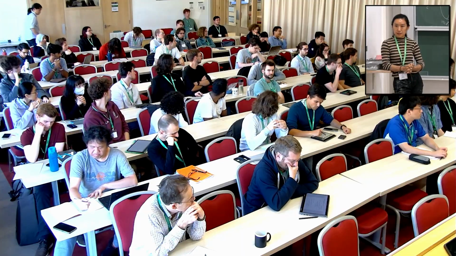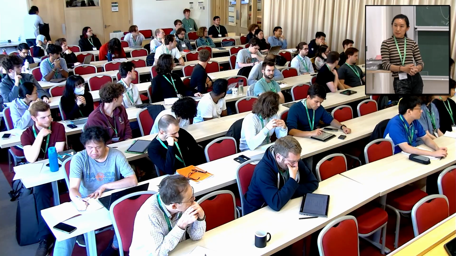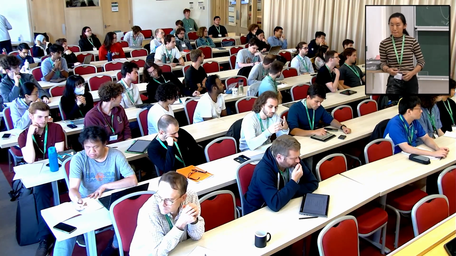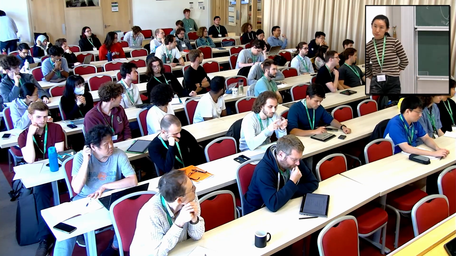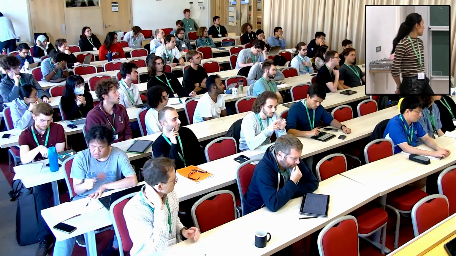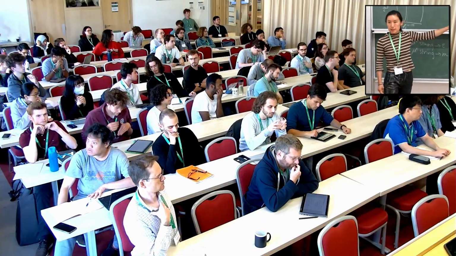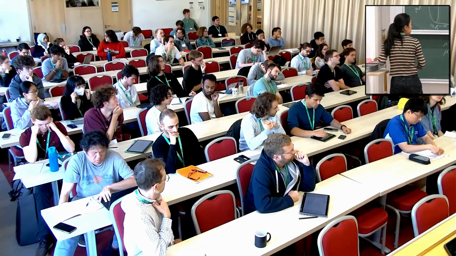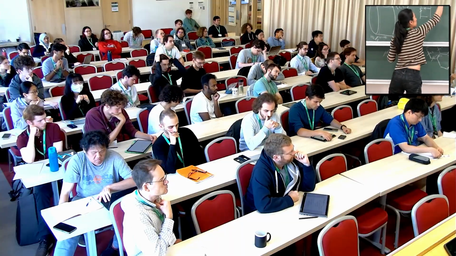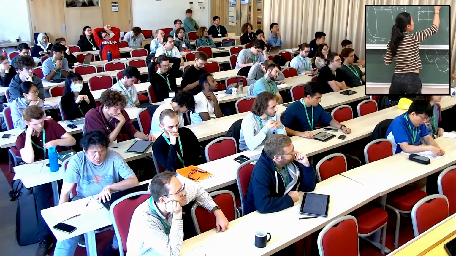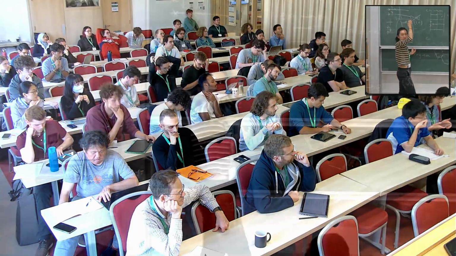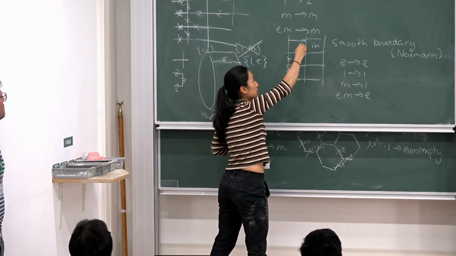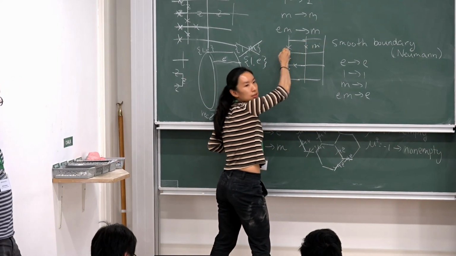Sorry, I think I just forgot about this. Can you remind me how the E particles of the toric code get stuck at the boundary? You mean for the smooth boundary, why it gets stuck? Right. For the smooth boundary, if you had a flux excitation, say here, then I can move that flux excitation using a string of X operators to the boundary.